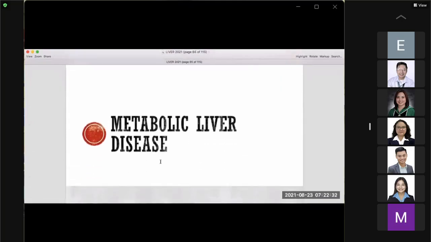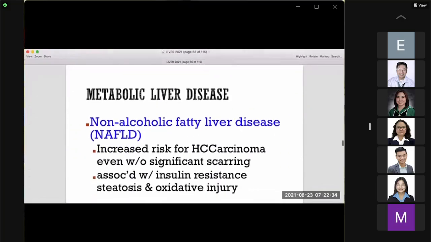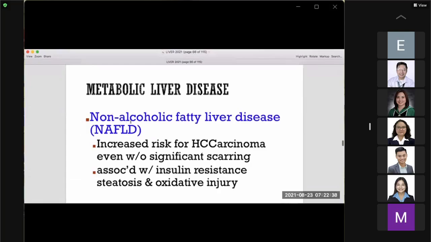Next, we have metabolic liver disease. Okay, so with metabolic liver disease, this is actually non-alcoholic fatty liver disease. No, there is increased risk for hepatocellular carcinoma, even without significant scarring. If you go back to alcoholic liver condition, no, the endpoint is cirrhosis.